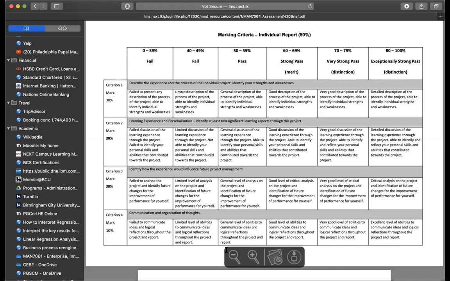Yeah, thanks. Right. Anyone not clear, just tell me. So you don't need that amount of references for this particular assignment.